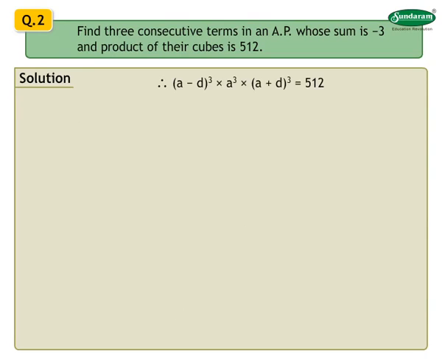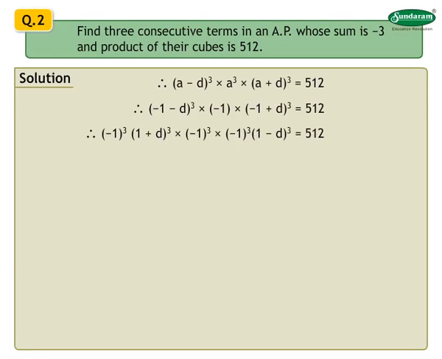The product of their cubes is 512. a minus d, the whole cube, into a cube into a plus d, the whole cube, is equal to 512. Minus 1 minus d, the whole cube, into minus 1 cube, into minus 1 plus d, the whole cube, is equal to 512.